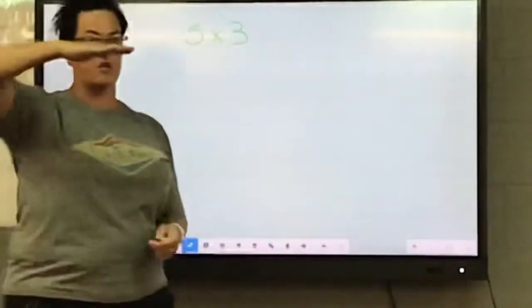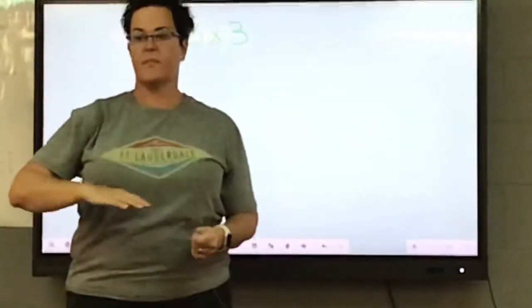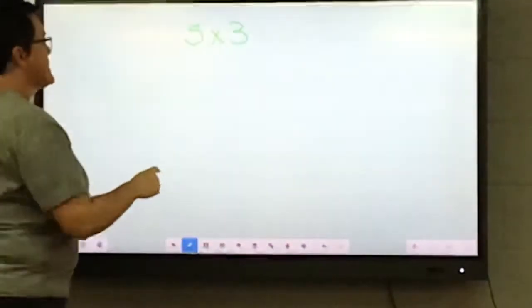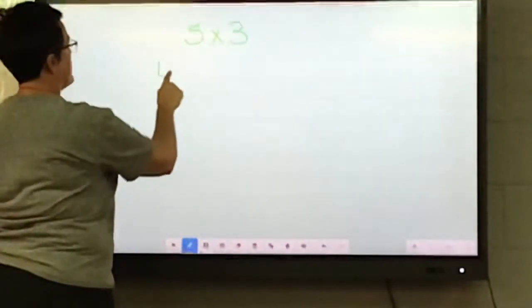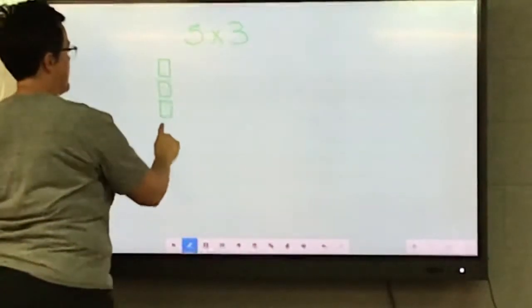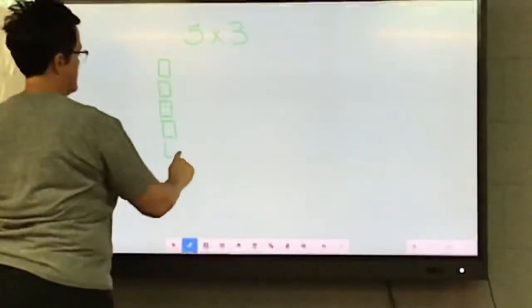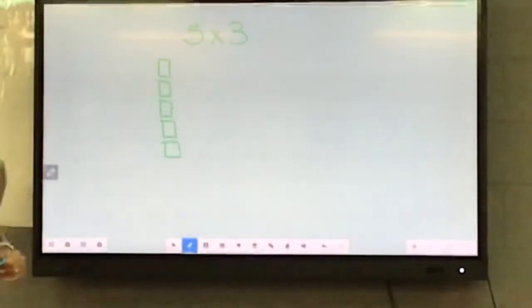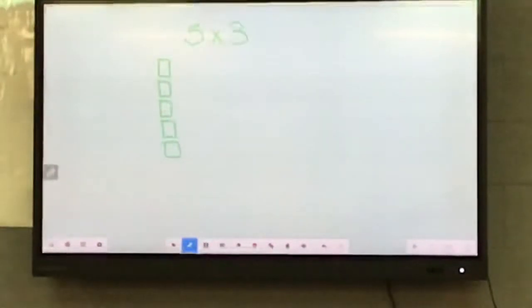How many rows are you making to start out? 5 rows. How many in each row? 3. Okay, go ahead and show me that array. So there's my 5 rows. Show me what needs to be done to make that array correct from there.